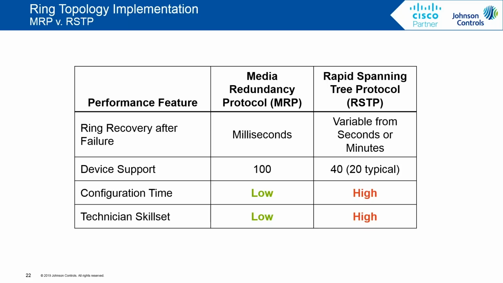The other part, as we continue to look at first cost, what it costs to get the system installed, the configuration time is a huge concern of any building owner or contractor involved. That's why with MRP, there is a single ring manager to configure and deploy.